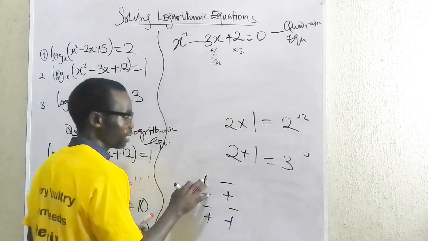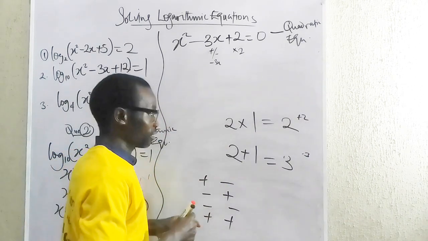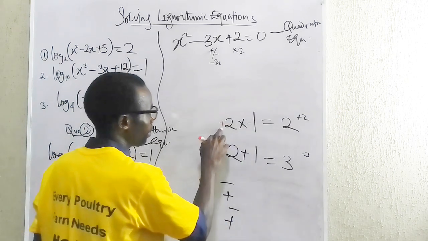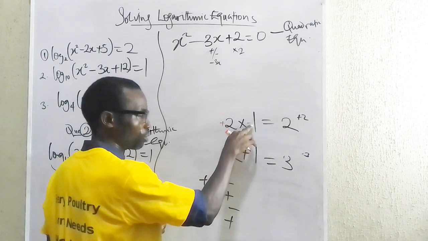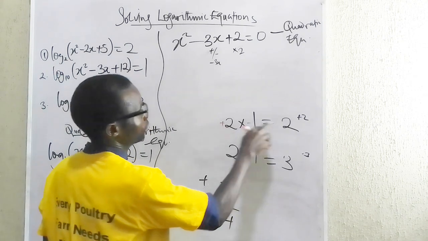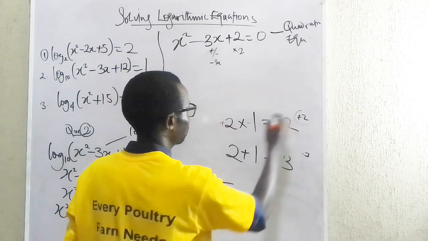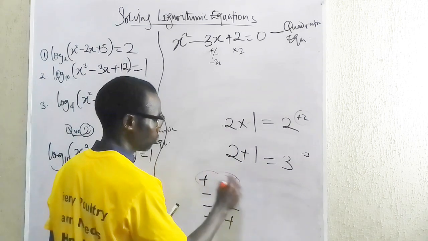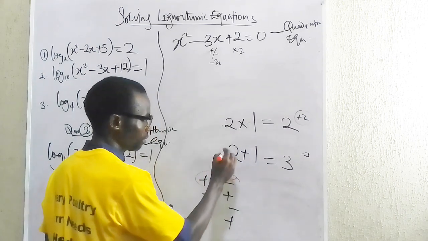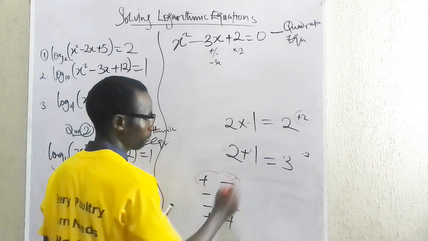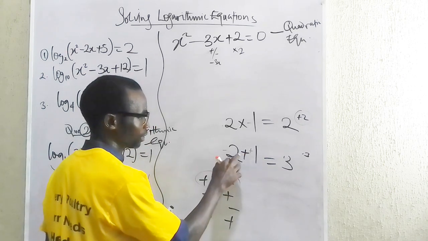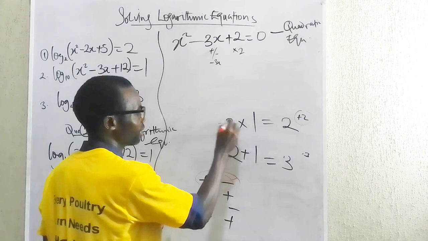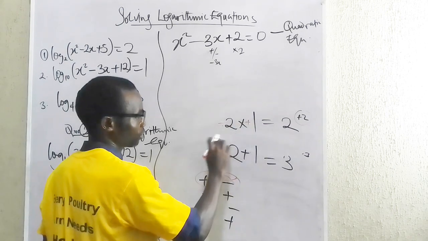So let's see. If I have plus 2 and minus 1, minus times plus is minus, no, it won't give me plus 2. So this combination is wrong. Let me try minus and plus.